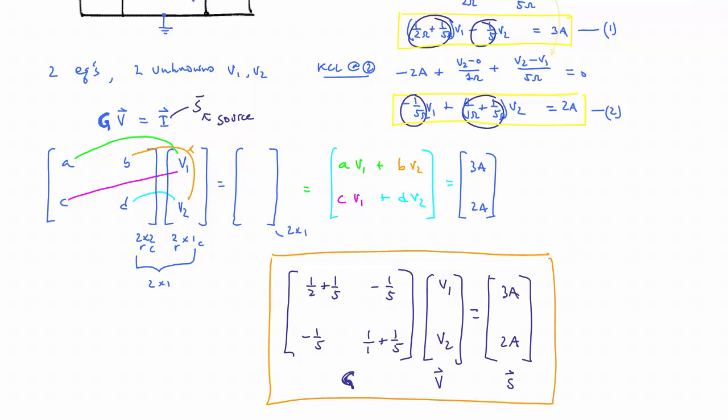And if you recall from some high school linear algebra, if you have a matrix G times a vector V equal to another vector S, you can't divide matrices, but you can take the inverse of a matrix. And so you can multiply both sides by the inverse of G.